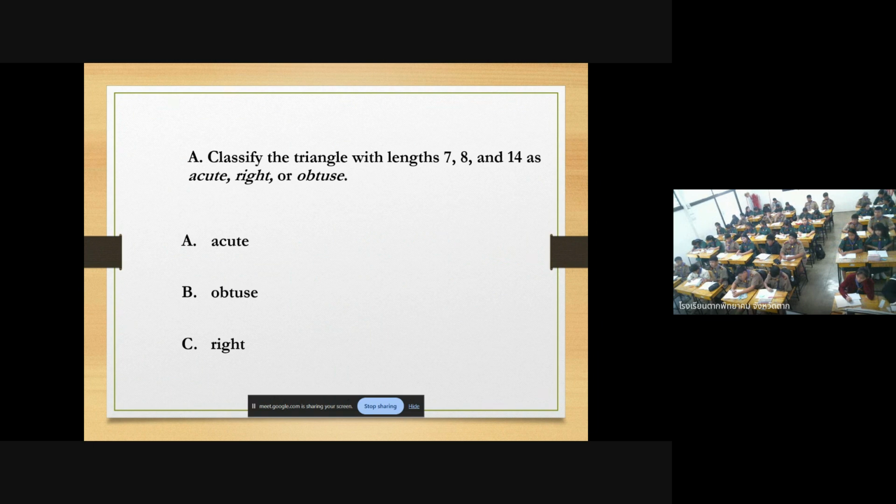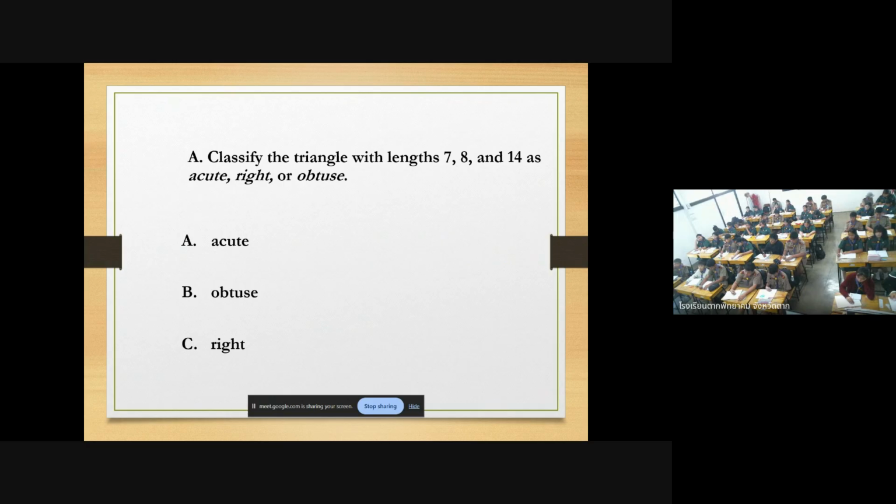How about this? Classify the triangle with length 7, 8, 14. Acute, right, or obtuse? A, B, or C?